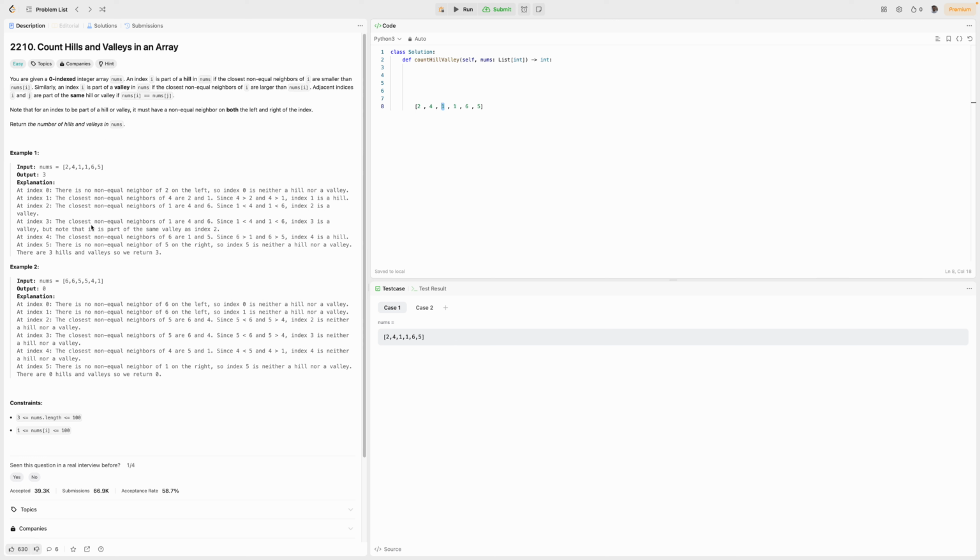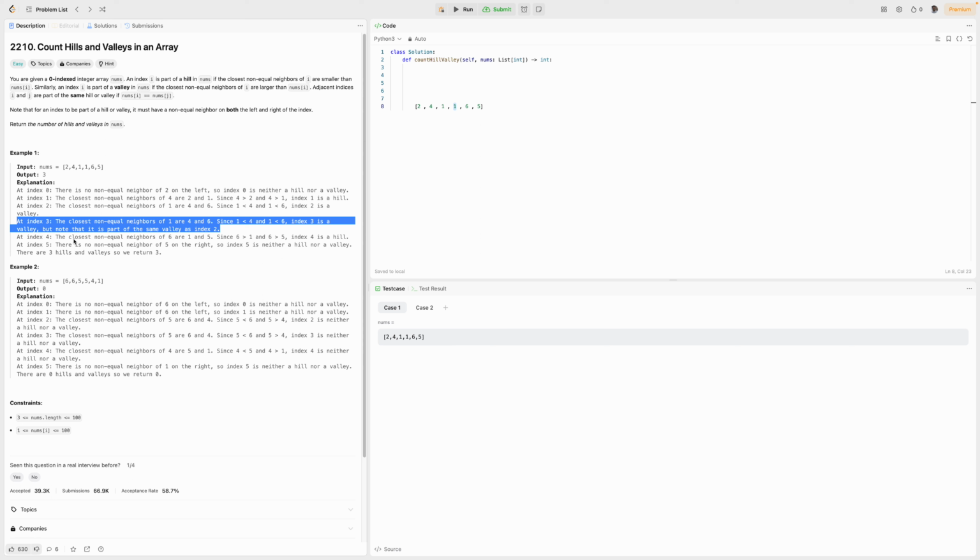At index 3, the closest non-equal neighbors of 1 are 4 and 6. Since 1 is less than 4 and 1 is less than 6, index 3 is a valley, but note that it is part of the same valley as index 2, okay?